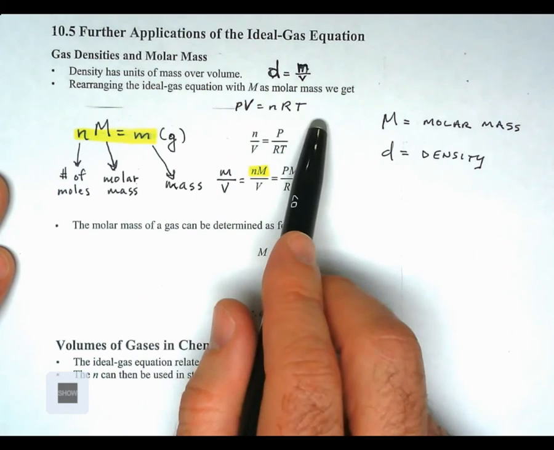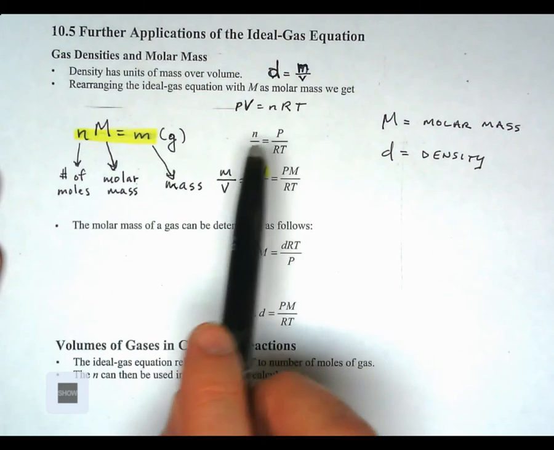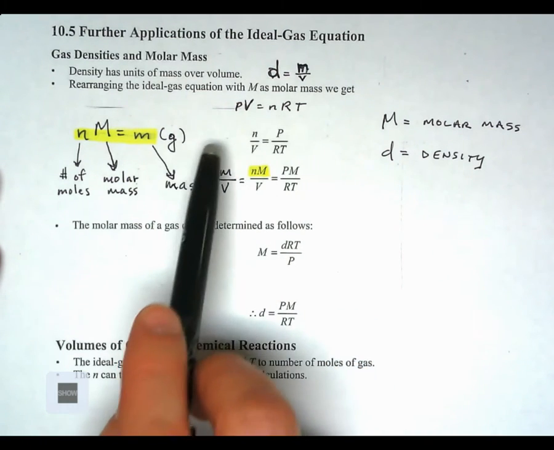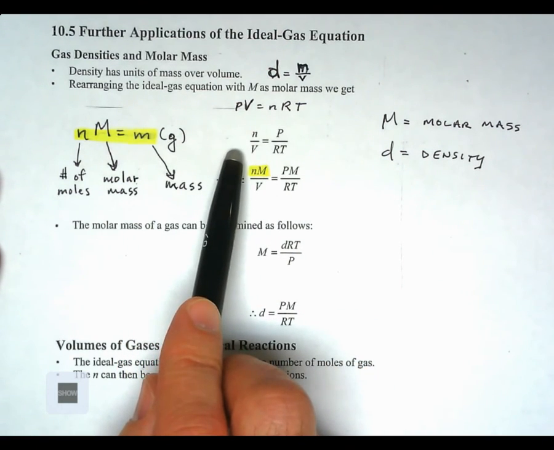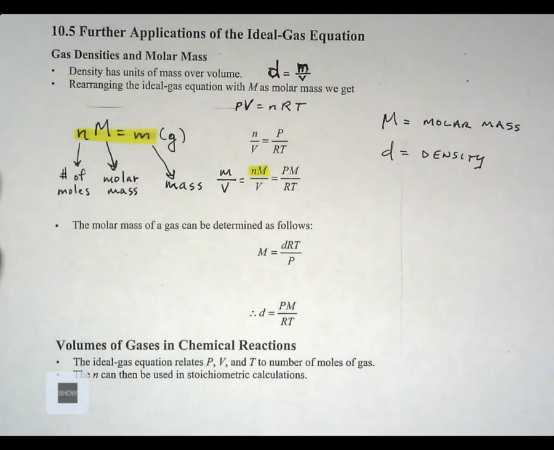We've got PV = nRT that we have already looked at. If you rearrange PV = nRT to have n over V, okay, n is number of moles, V is volume, right?